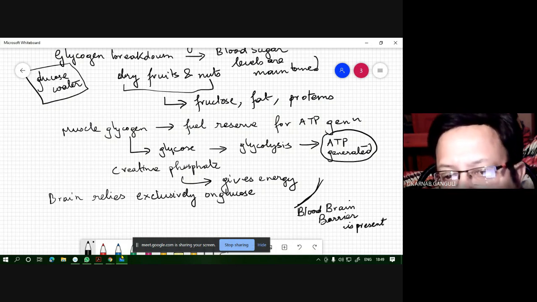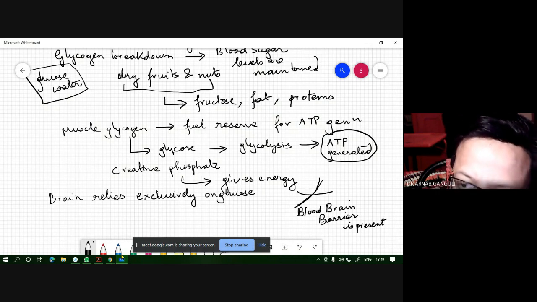The blood-brain barrier is present. It only allows the passage of selected substances.